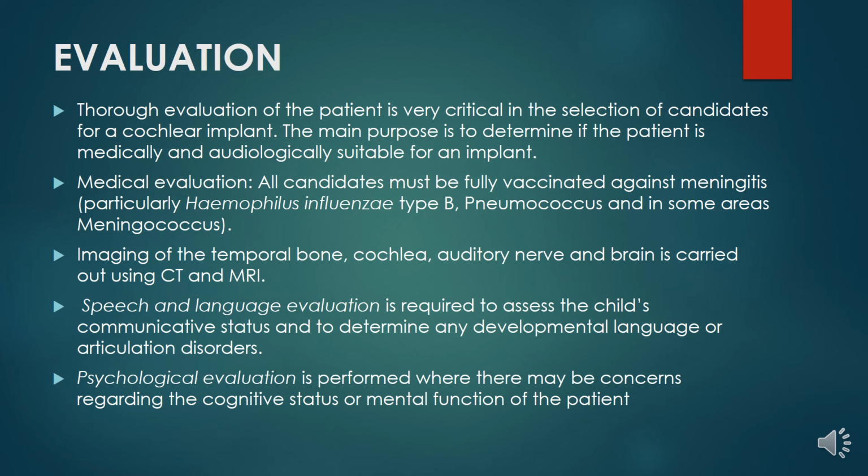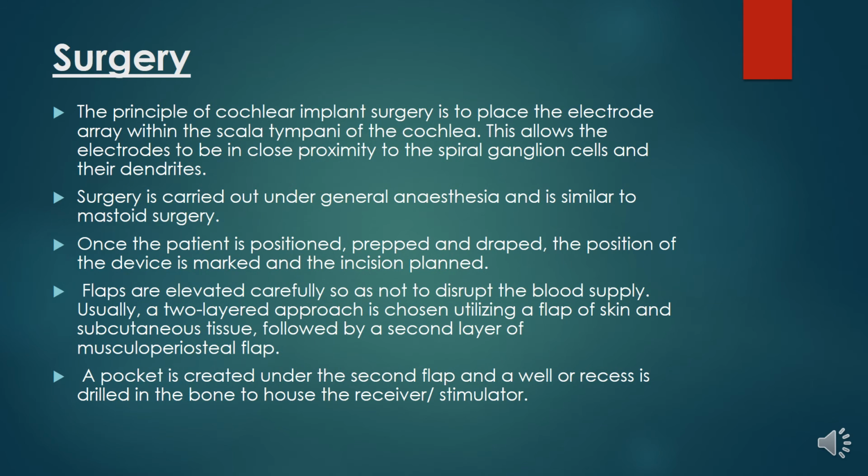Imaging of the temporal bone, cochlea, auditory nerve and brain is carried out using CT and MRI. Speech and language evaluation is required to assess a child's communicative status and to determine any developmental language or articulation disorders. Psychological evaluation is performed where there may be concerns regarding the cognitive status or mental function of the patient.